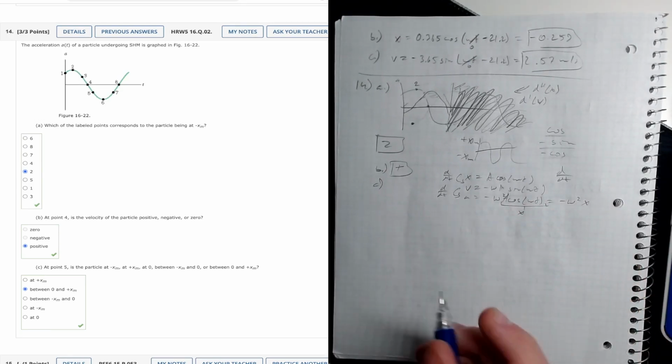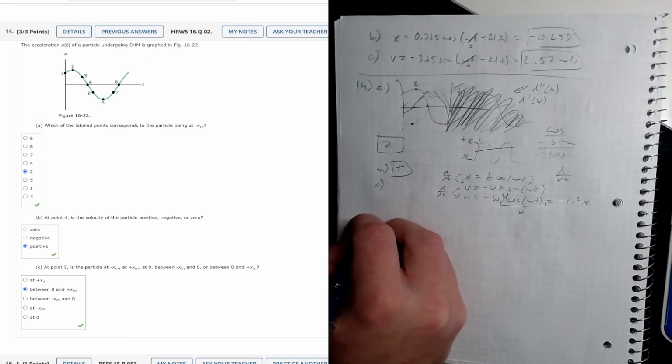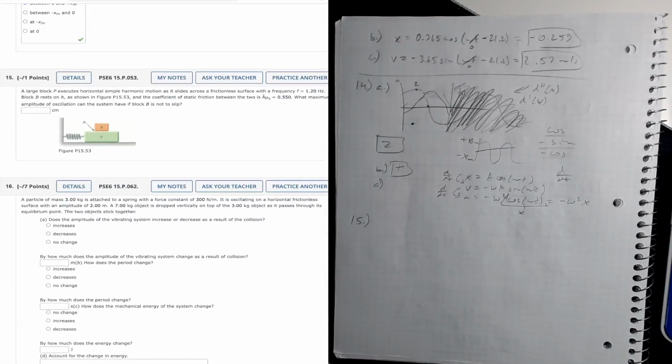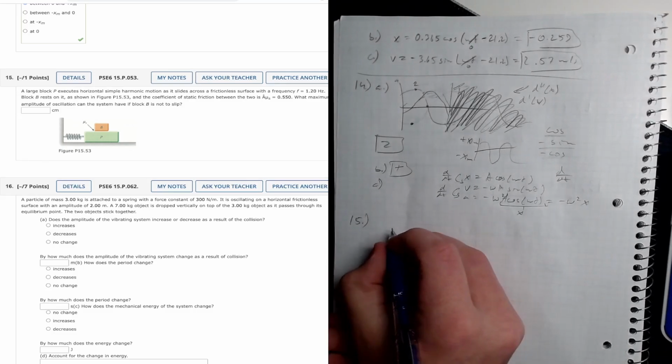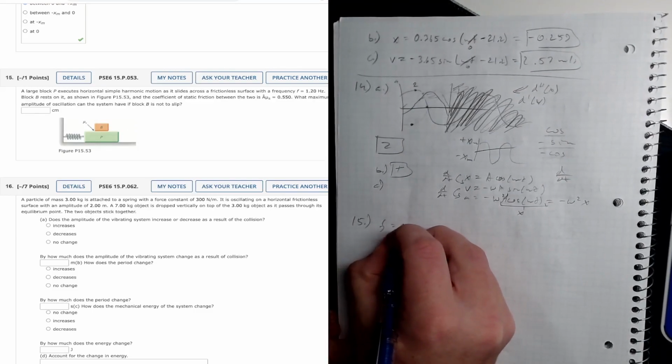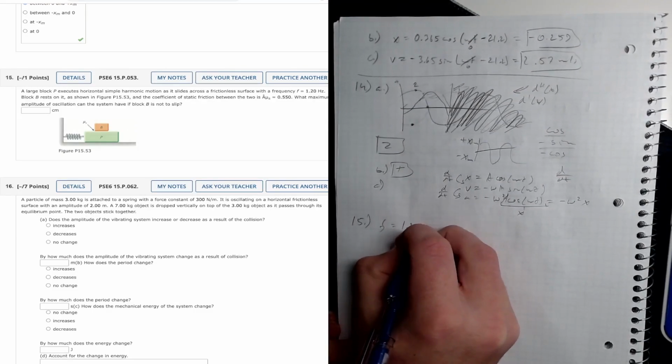That's all. All right, guys, now on to problem number 15, because that was a quick and easy lesson. Number 15: a large block P executes horizontal simple harmonic motion as it slides across a frictionless surface with a frequency f equals 1.2 hertz.